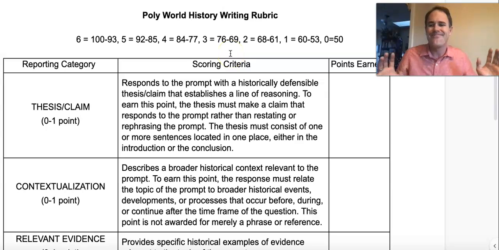Why the range? Not every 3 is the same. Not every 2 is the same. Some 2s have better evidence, better writing. Some 3s have better reasoning. And so I give myself a little bit of subjective scoring there. But that's not the grade I put in the gradebook, right?